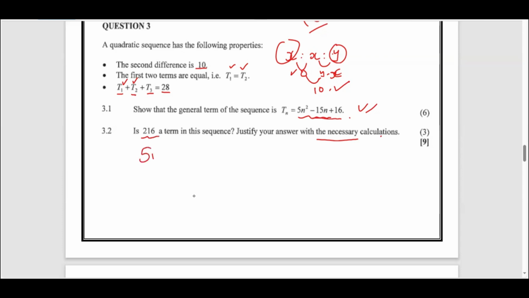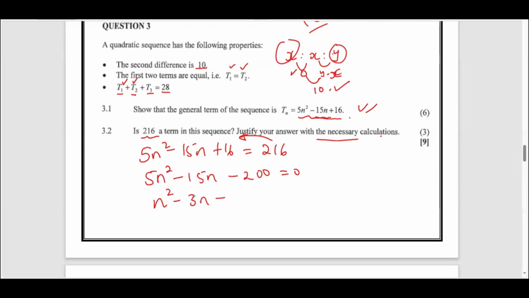Okay, so 5n squared minus 15n plus 16 should be equated to 216. Let's move it that side. 5n squared minus 15n, when it moves, we shall have a negative 200. Divide through by 5, n squared minus 3n minus, is it 40? Looks like, okay, minus 40.